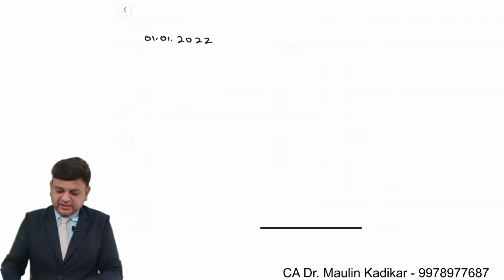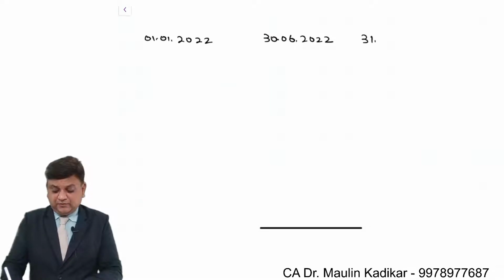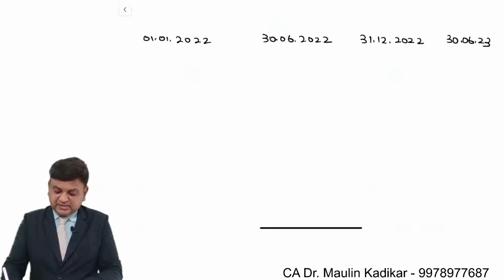We are required to make the repayment of the loan. Look into the information of the question. On 30th of June 2022, on 31st of December 2022, and on 30th of June 2023. These are the 3 dates on which you are required to make the repayment of the loan.